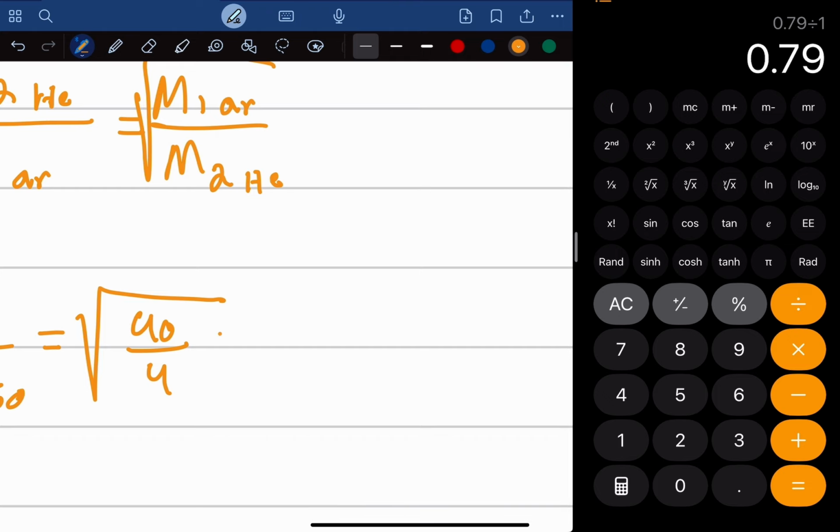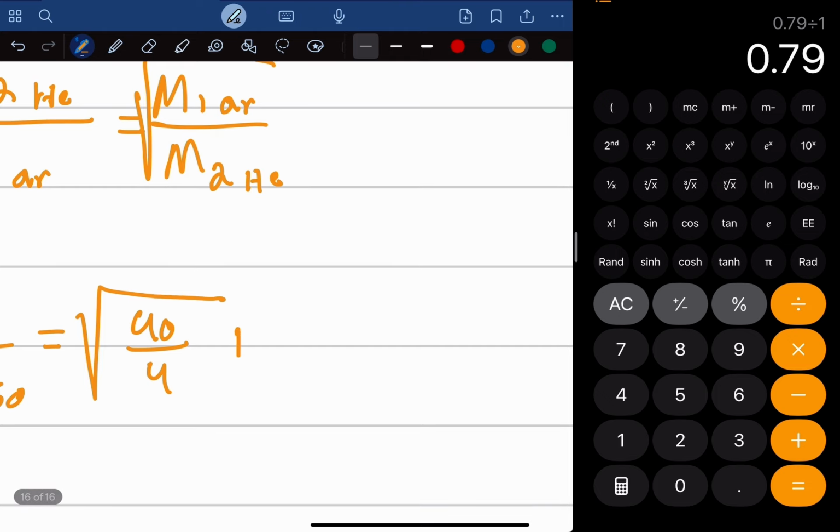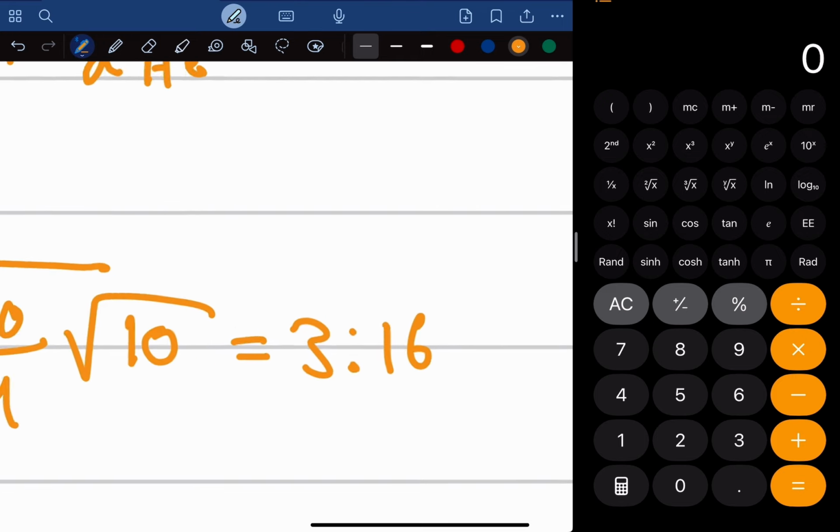If you divide both, of course, we're going to get 10, and the square root of 10 is 3.16.